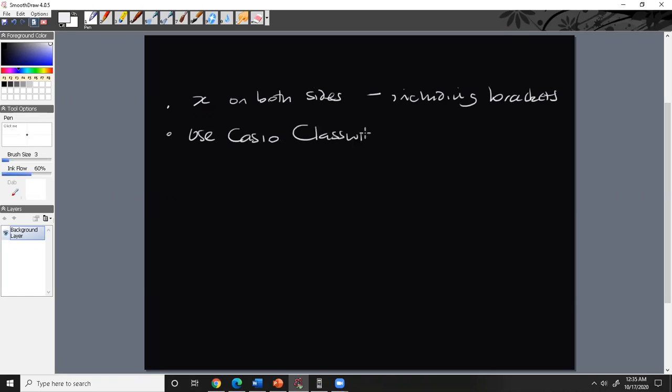So we've been solving equations where you have x on both sides, including brackets, taking care with positive and negative numbers here, using the Casio Classwiz calculator, which incidentally you can use to solve equations like 2x plus 3 is equal to 9.